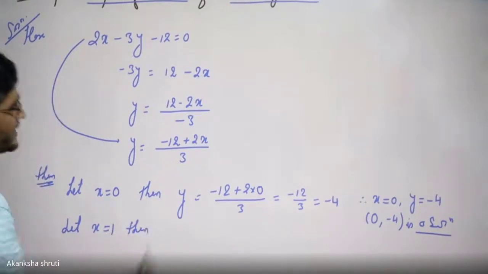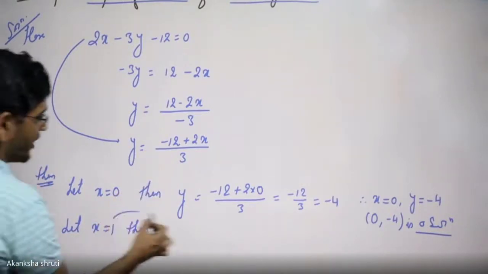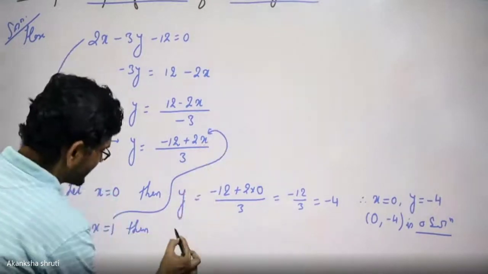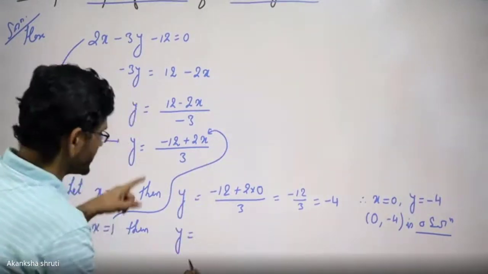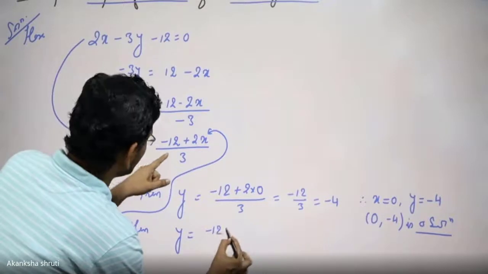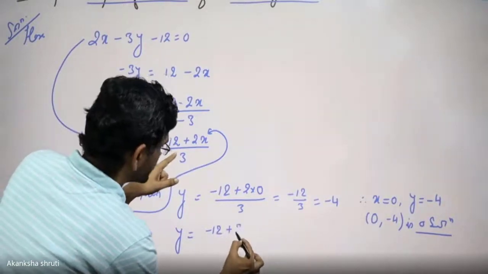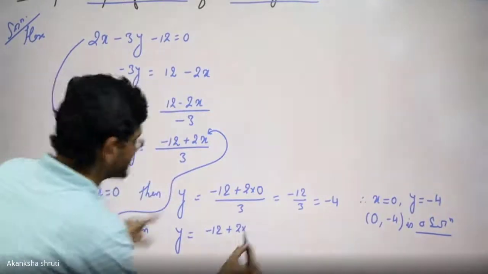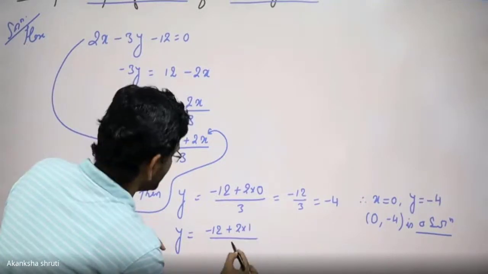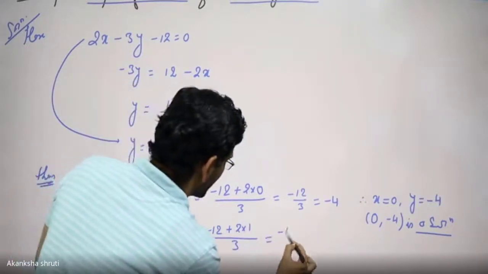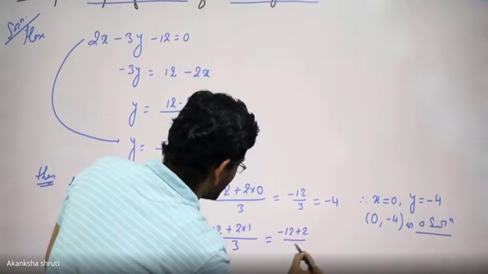What will be y? So just by substituting 1 here, this y can be calculated. Substitute it: minus of 12 plus of 2 into this x we are putting as 1, by 3. So it is our minus of 12 plus 2 by 3.